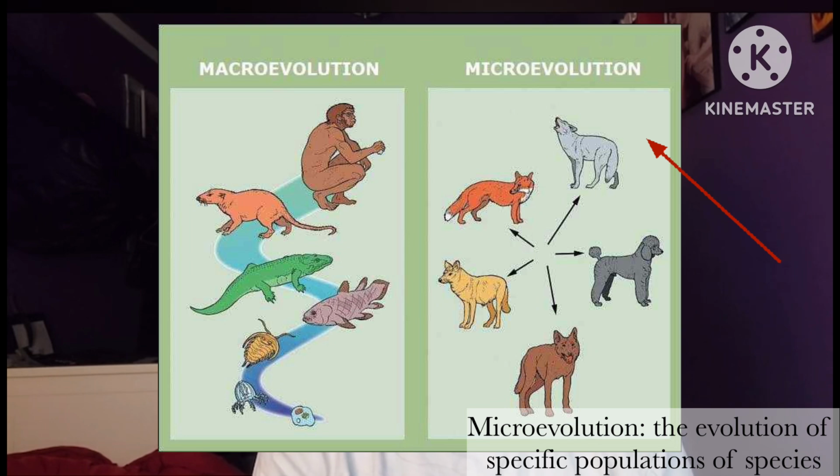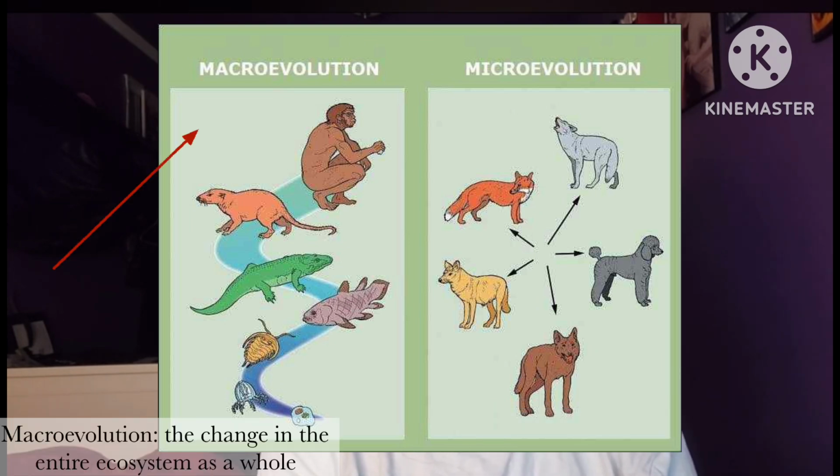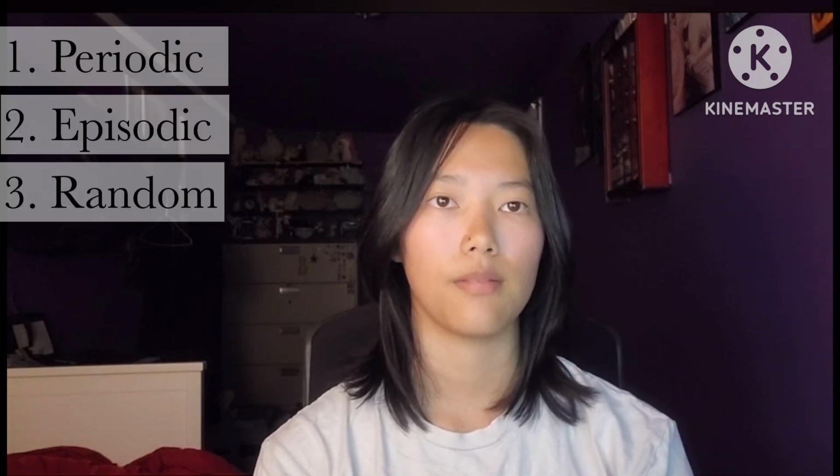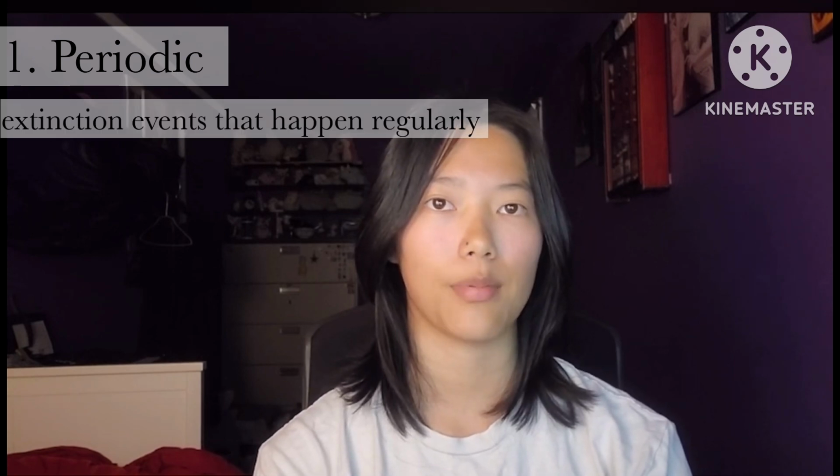Microevolution refers to the evolution of specific populations of species, while macroevolution is a change in an entire ecosystem as a whole. Macroevolution encompasses different types of extinction, these being periodic, episodic, random, and mass. Periodic extinction is extinction events that happen regularly, while episodic extinction occurs semi-regularly, but both can be observed and predicted.